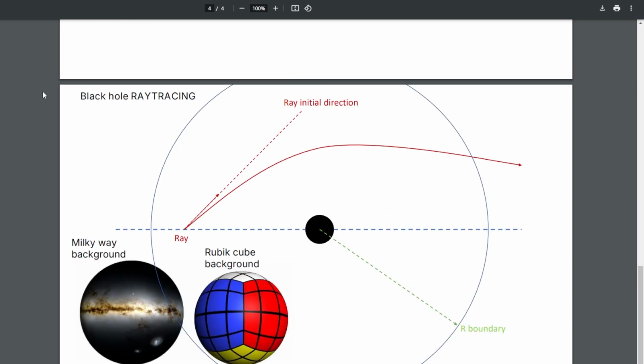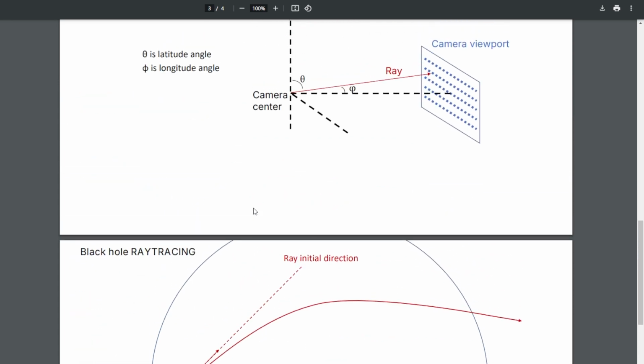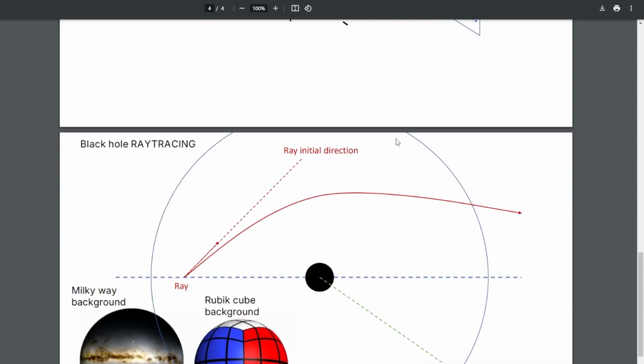And the final step of our ray tracing algorithm is, like I mentioned before, our 3D static black hole problem is actually reducible to only 2 dimensions. So we first of all take the initial direction of that ray, and then we rotate our coordinate system such that the ray falls into the equatorial plane.